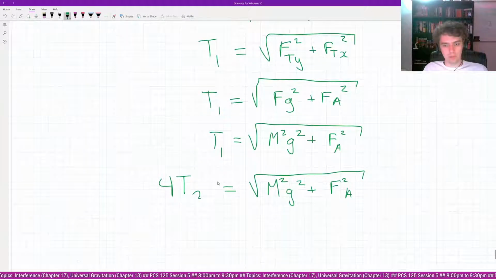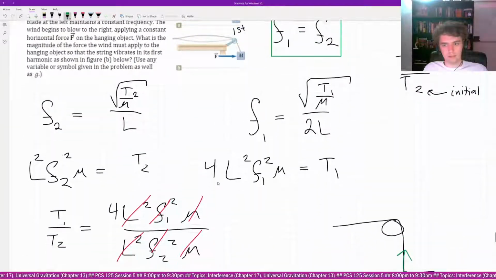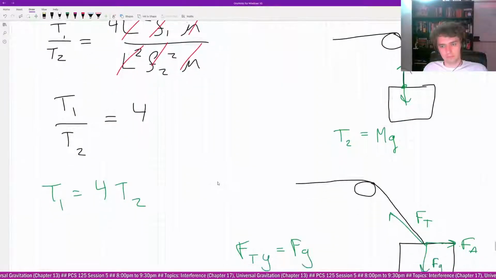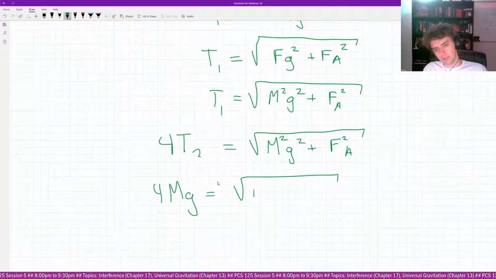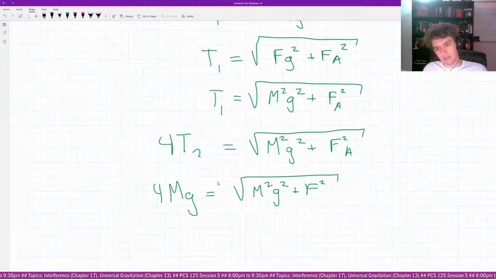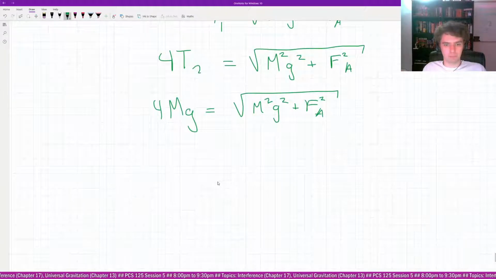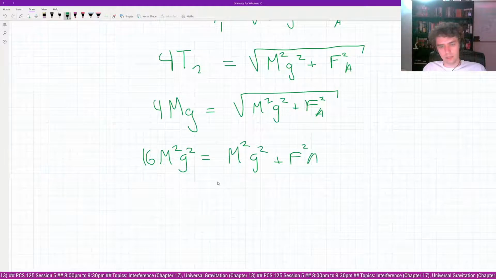And finally, we know that T2 is mg. So we know that 4 mg equals the square root of m squared g squared plus f squared a. And we just rearrange for f squared a. So 16 m squared g squared equals m squared g squared plus f squared a.